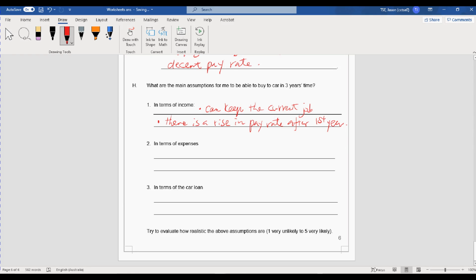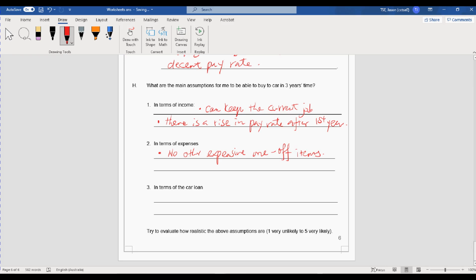In terms of expenses, you might say you can keep your expenses so that there won't be too much one-off expense: no other expensive one-off items. That's just some suggestion.